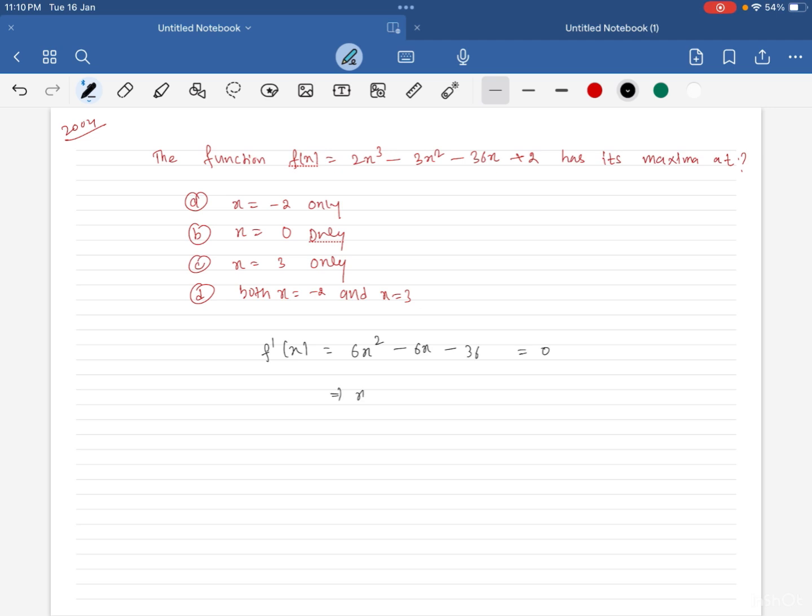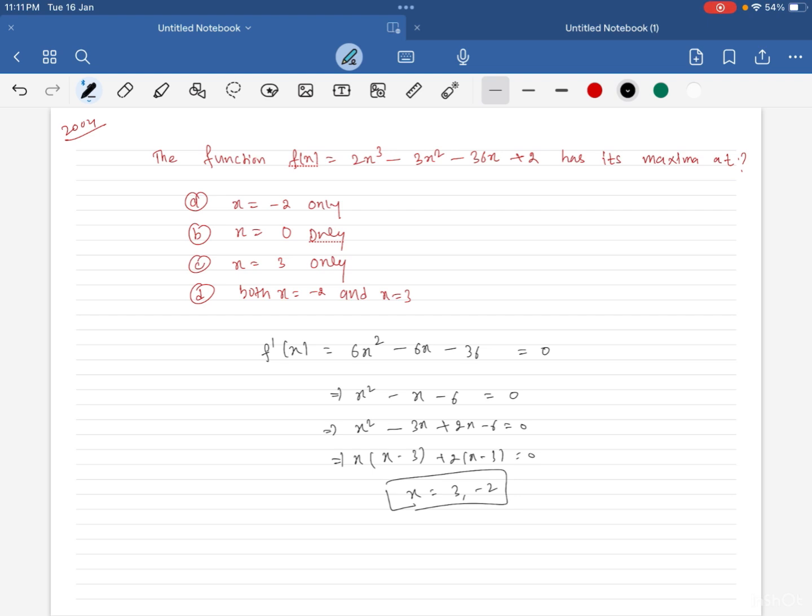So from here we will have x square minus x minus 6 equals 0. That means x square minus 3x plus 2x minus 6 equals 0. That will give you (x minus 3)(x plus 2) equals 0. From here x equals 3, x equals minus 2.